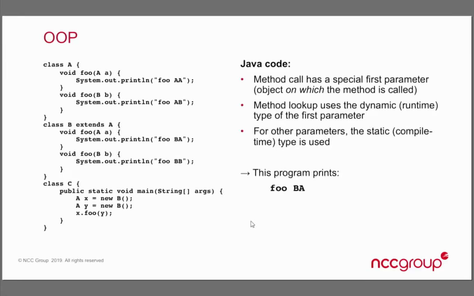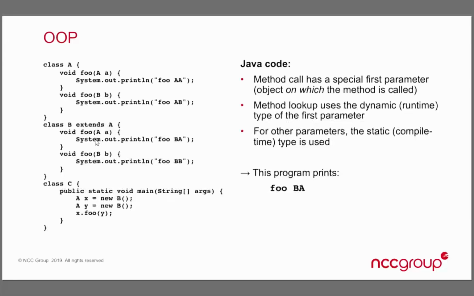And then on the bottom, you've got something which has two local variables of type A, but filled with references to objects of type B. It's correct because B extends A, so you can write a reference to an object of type B into a variable of type A. And then it's calling on one of them the method foo with the other as parameter. And this will print foo BA, because it will call that one.